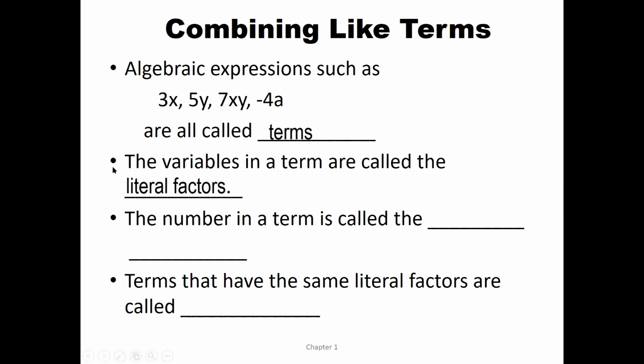And literal just refers to the fact that it is a letter, not a number. The number is called the numerical coefficient. Learn this word. Terms that have the same literal factors are called like terms. So 3x and 5y are not like terms.